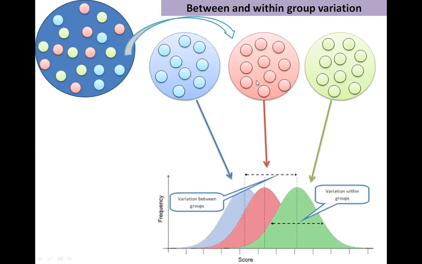Here are certain cows, for example in this green circle. This may be a high yielder, this may be a medium yielder, and this may be a low yielder.